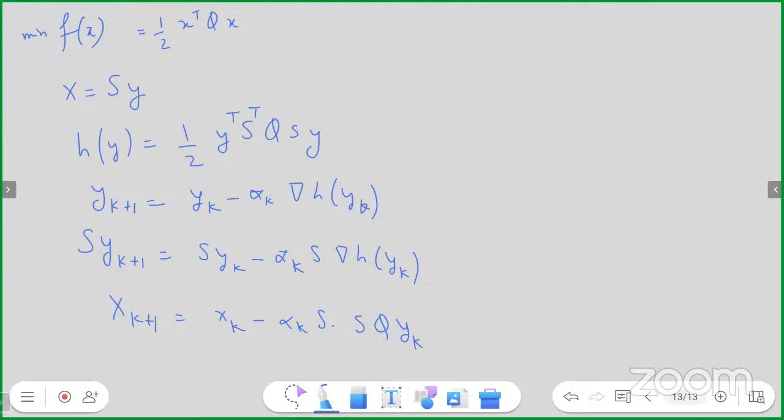And what is S squared? I chose S to be equal to D to the power half, so this is nothing but simply D. So this is x_k minus alpha_k D times Q y_k. Now, Q y_k is what?